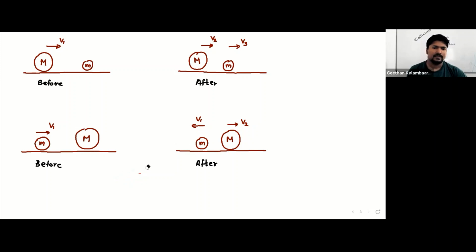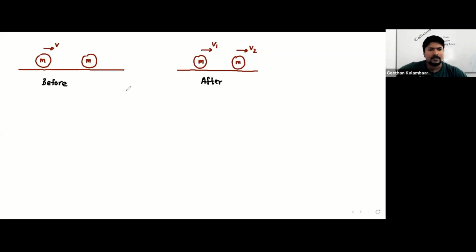Right. So the third example is when two identical masses collide. One mass collides with another mass which is identical and is at rest. මෙතනදී මොකද වෙන්නේ කියන එක මම දැන් ඔයගොල්ලන්ට කියන්නම්. This is what I got.